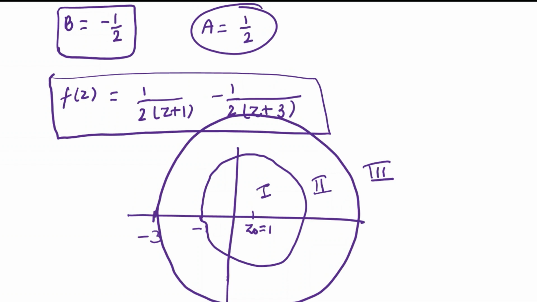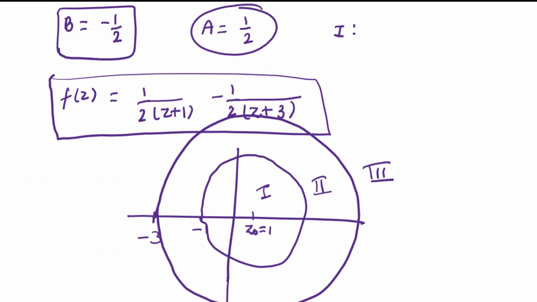Naming these regions. So the first region will be where mod z minus 1 is less than 2. So you can see the radius for this circle is 2, right? So 1 is here and 1 is here. And the center is z equal to 1. So we can write mod z minus 1 less than 2.